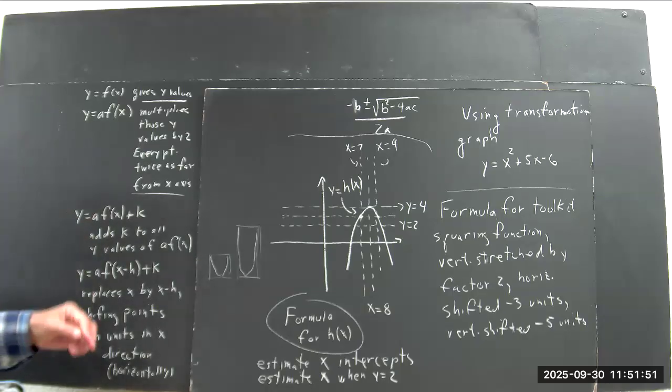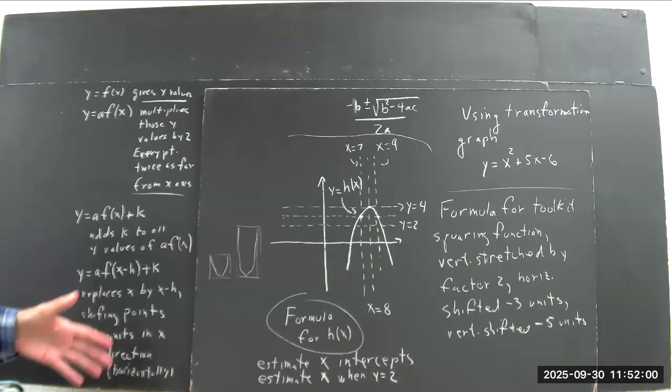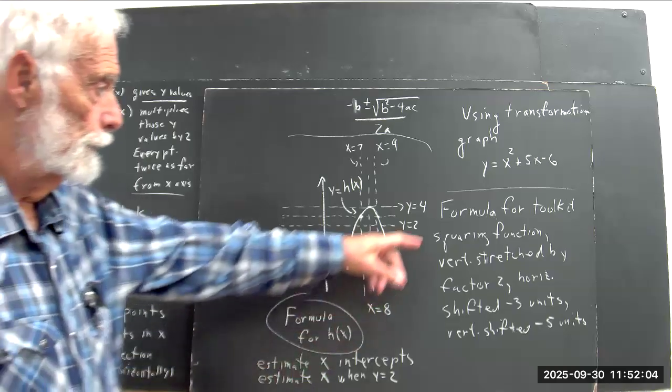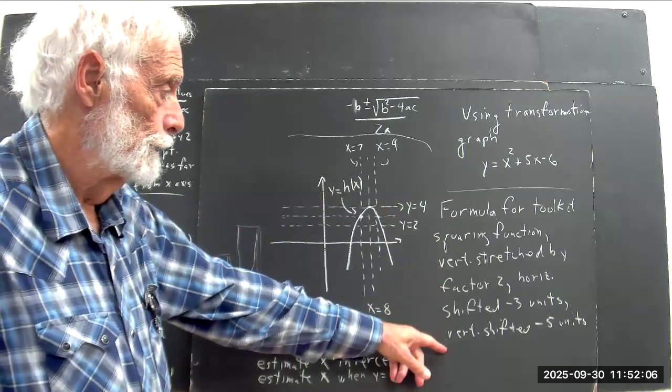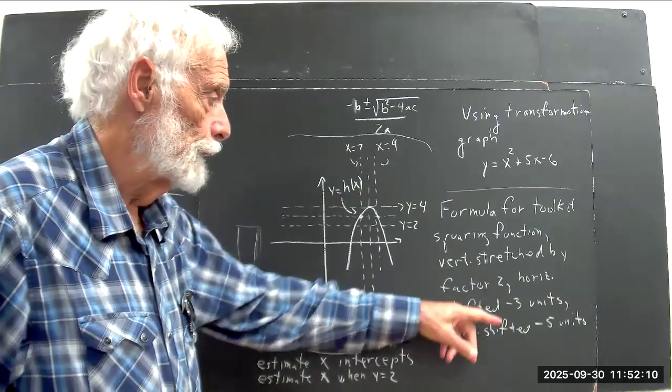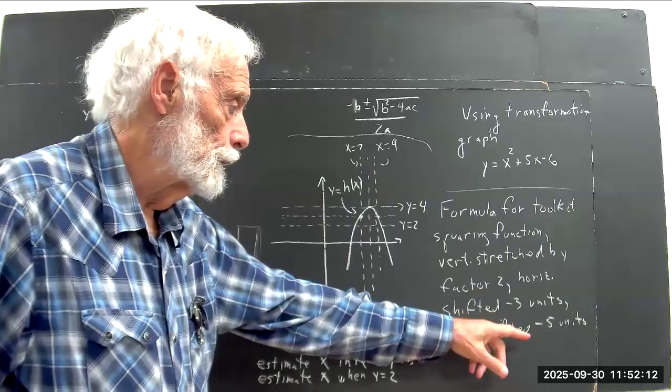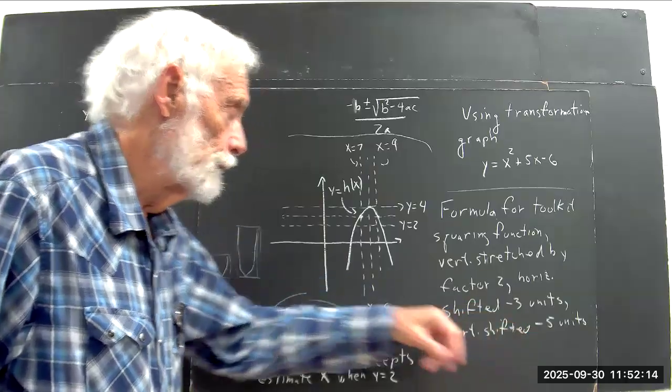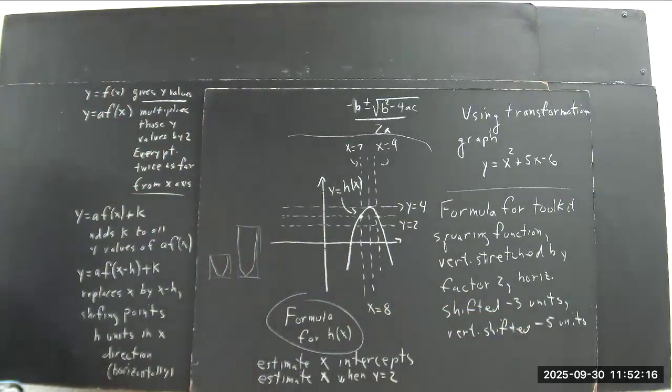So that's a summary of what your various shifts and stretches do. Now, here we have the toolkit squaring function, vertically stretched by a factor of 2, shifted -3 units horizontally and -5 units vertically.